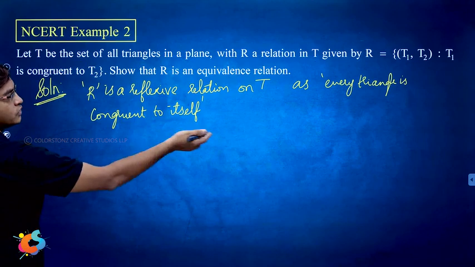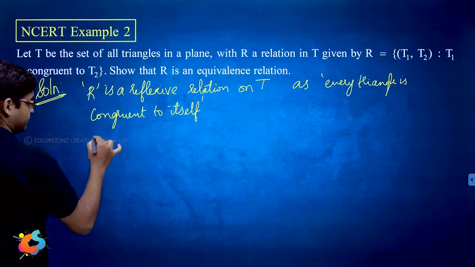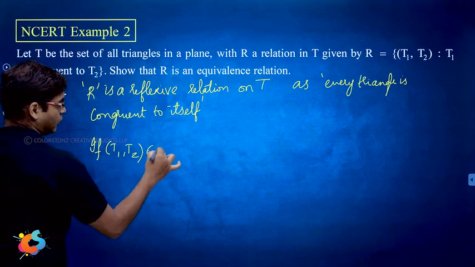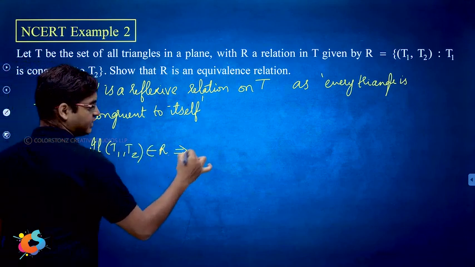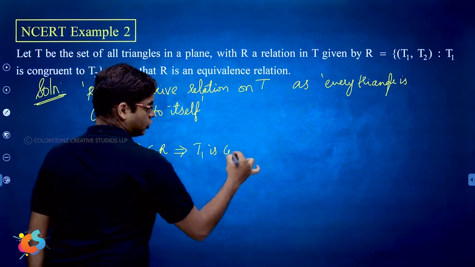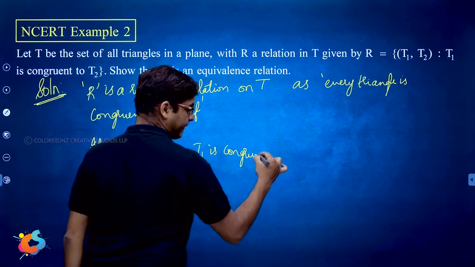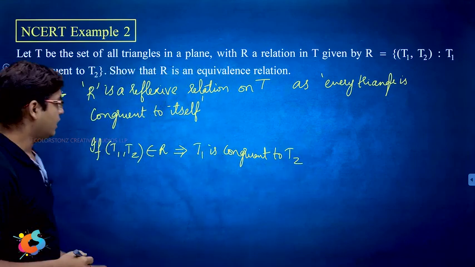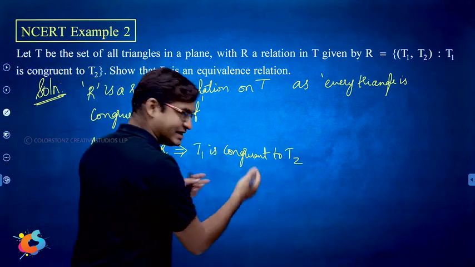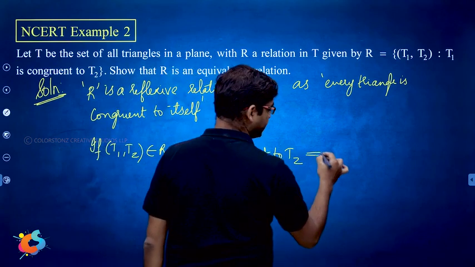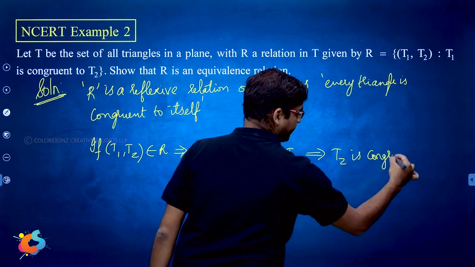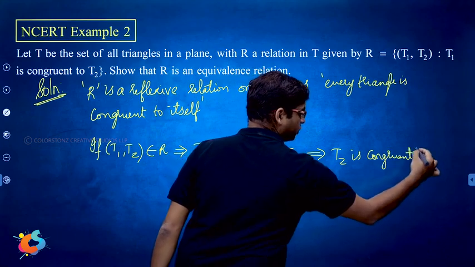Next, let us come to symmetry. Okay. If T1 comma T2 belongs to R, implies T1 is congruent to T2. Right? Okay. Now from this itself we can write this also, implies T2 is congruent to T1.